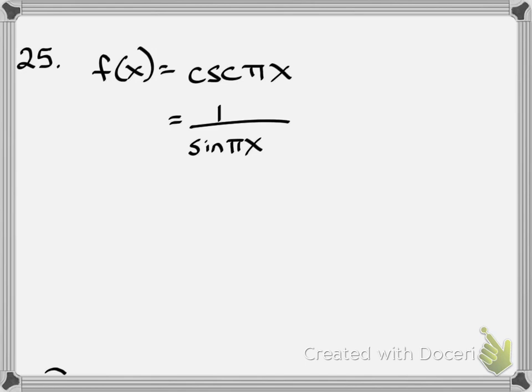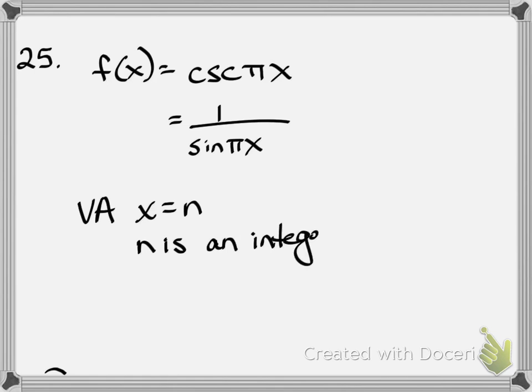Errors everywhere, at those whole numbers. So by looking at the calculator, we're going to say we have vertical asymptotes everywhere x equals n, where n is an integer. Or we have vertical asymptotes at all the integers.